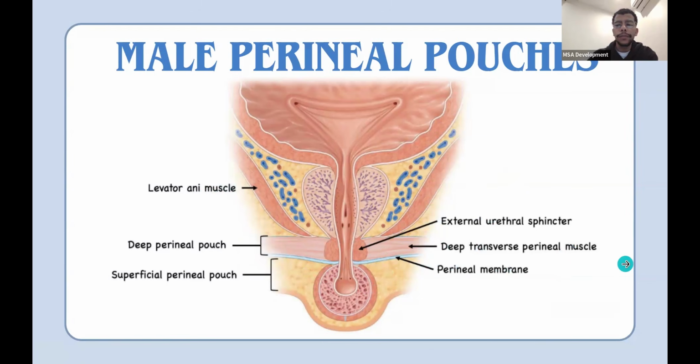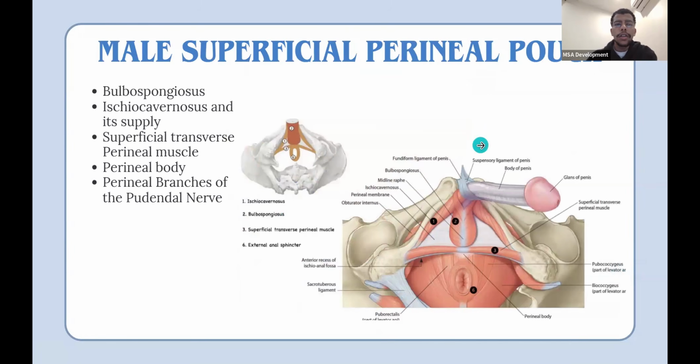The perineal membrane. So, starting off with the superficial perineal pouch, we have the bulbospongiosus muscle, which is right here in the middle, because it looks like a bulb. And then we have the ischiocavernosus muscle. Why? Because it goes from the ischium to the corpus cavernosum, this part of the penis, which I'm going to explain later.